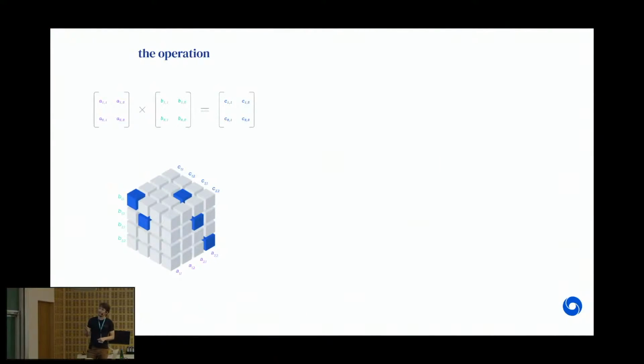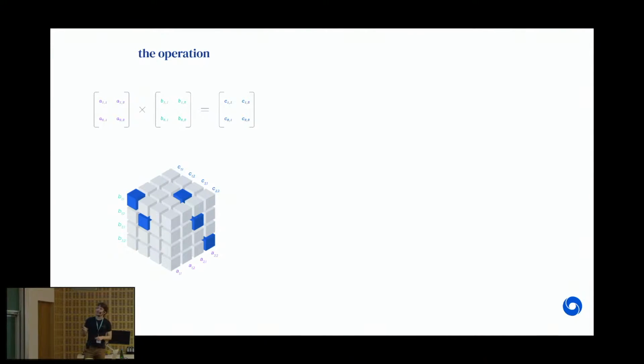Again, I'm showing the operation of multiplying two 2x2 matrices together, and this will be the tensor that represents this operation. This is a 4x4x4 tensor, because there are 4 elements in the first input matrix, 4 elements in the second input matrix, and 4 elements in the output matrix.